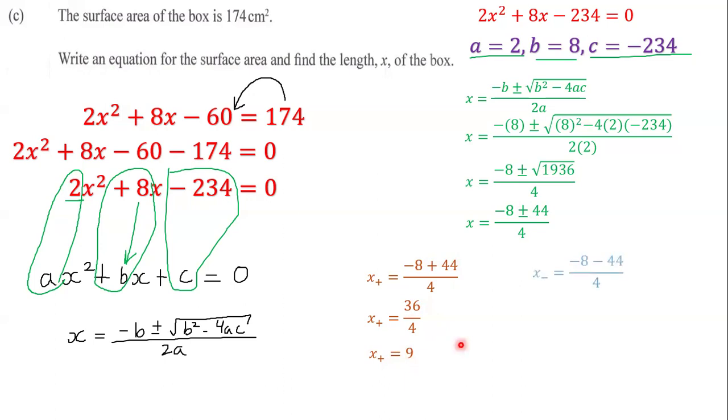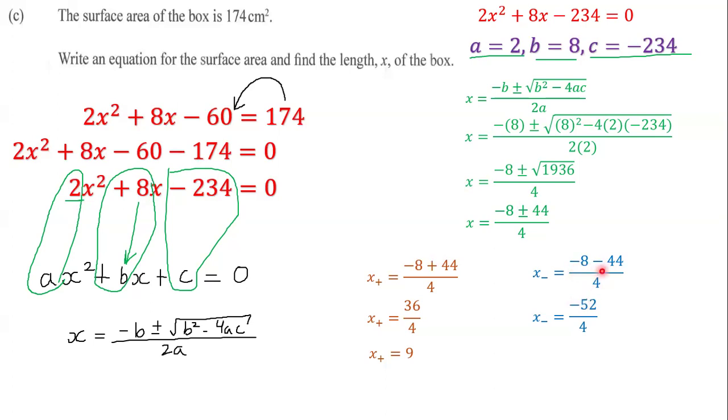How about x negative? X negative just means that the negative sign is in between these two numbers. And so we have negative 8 minus 44, and negative 8 minus 44 is negative 52.